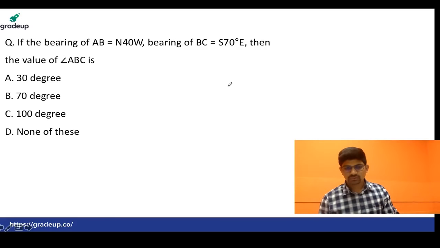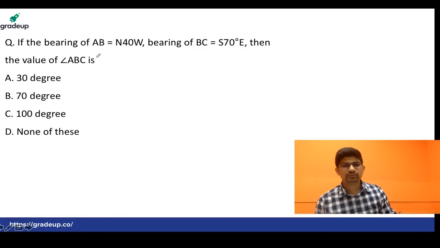So, if the bearing of AB is north 40 degree west and the bearing of BC is south 70 degree east, then the value of angle ABC is? With the help of bearings you have to calculate the included angle here. If I draw it here, let us suppose this is station A. From here 40 degree northwest, slightly till, let us suppose, this point.